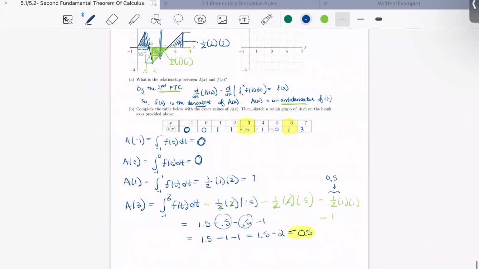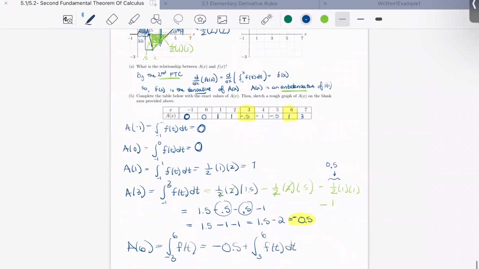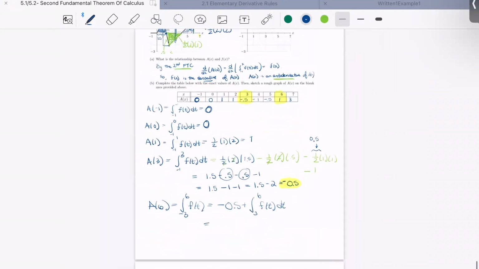Okay, so then filling in A of 6. A of 6 is the integral from negative 1 to 6 of f of t, which we know is negative 0.5 plus the integral from 3 to 6 of f of t dt. So that would be the negative 0.5.